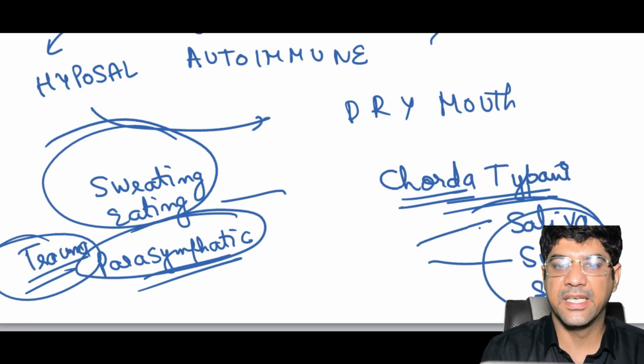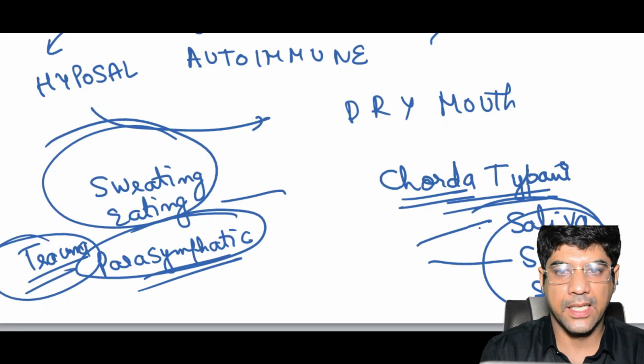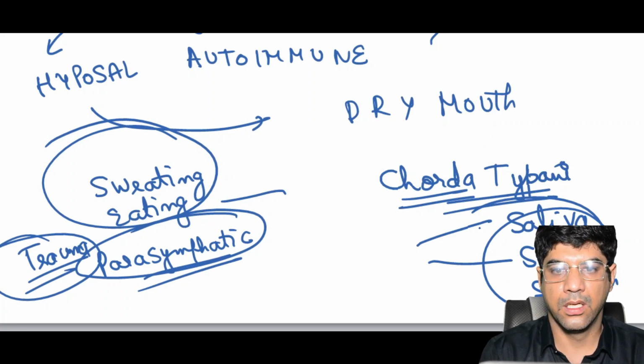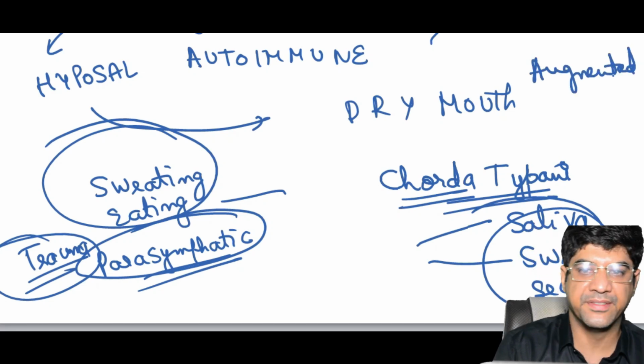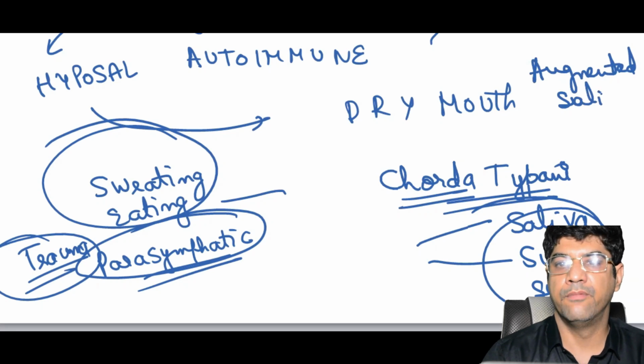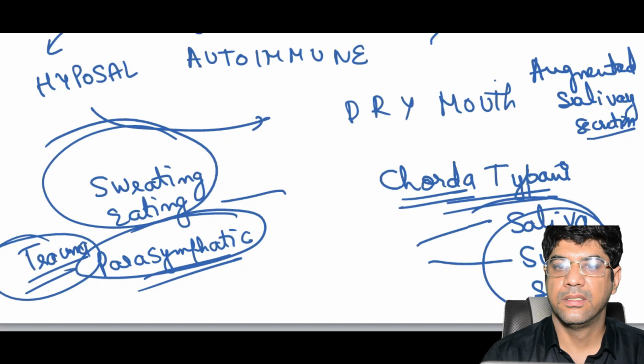Another is augmented secretion of saliva. It occurs when the nerves supplying the salivary glands are stimulated twice. The second stimulus causes a larger amount of saliva to be secreted than the first. So what is the effect called when a second stimulus causes greater salivary secretion than the first? The term we use is augmented salivary secretion.